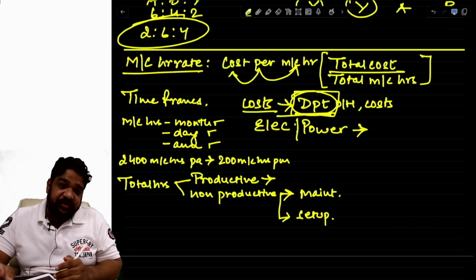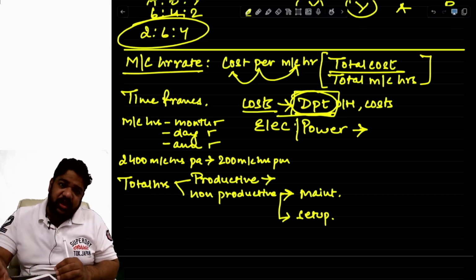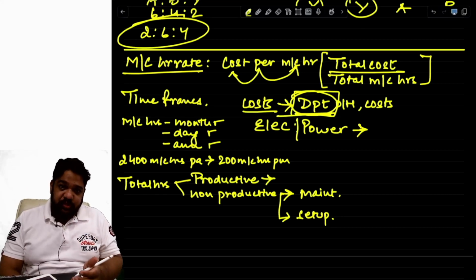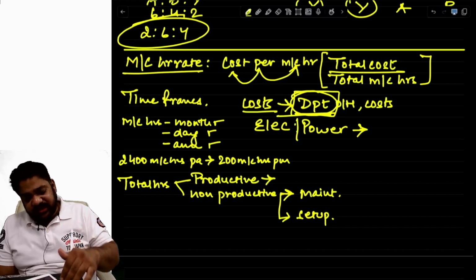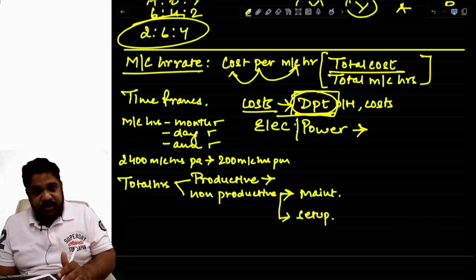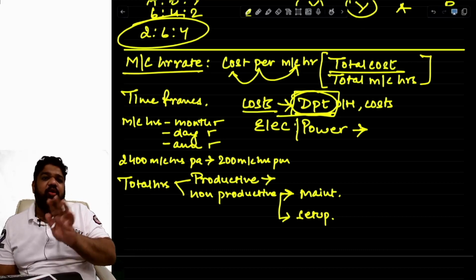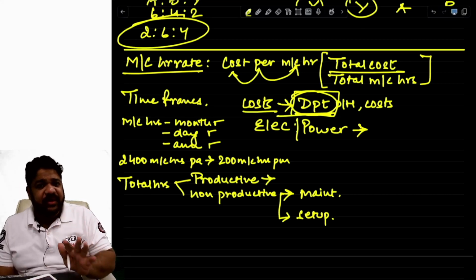The productive hours are anything which is not maintenance and setup hours. Everything else is productive hours. Okay, now when I say it is primarily assumed to be non-productive, it is because the question may choose to call this productive hours also. Okay, and if the question chooses to call it productive hours, then include it in productive hours. Okay, don't battle with the question. The question says these are productive hours, go ahead, make them productive hours.